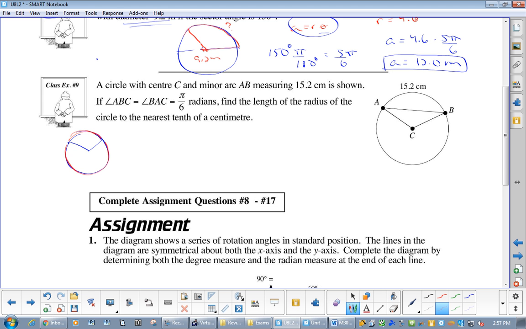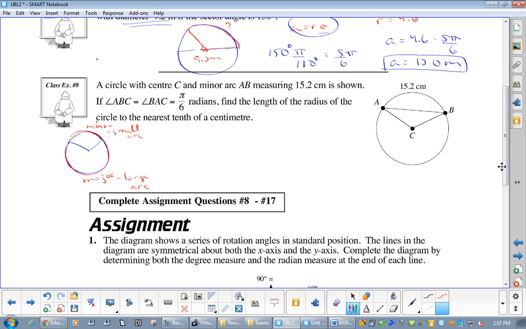The smaller will be called the minor, and this will be your major. Okay, so minor is a small arc. There's always two arcs when you have a circle and you draw an angle, you take a piece out of it, right? There's going to be the small and the large.